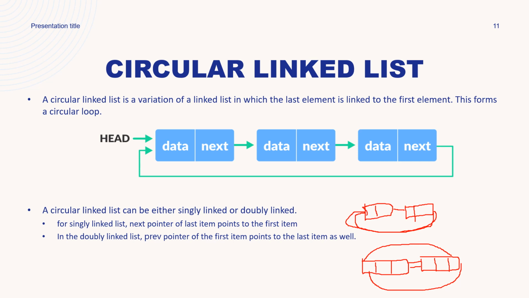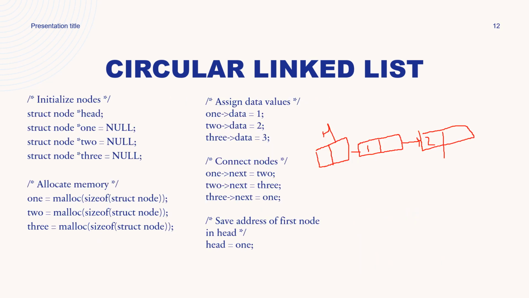This is the singly linked list. In a doubly linked list, the previous pointer of the first node is connected to the last node, as well as the next pointer of the last node being connected to the first node. So this is the algorithm of the circular linked list.